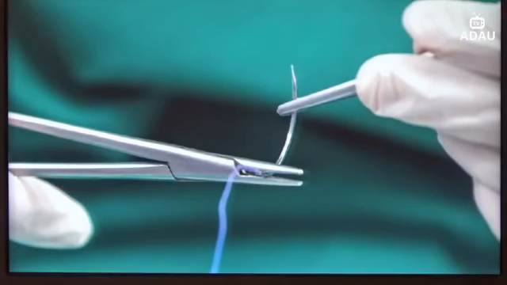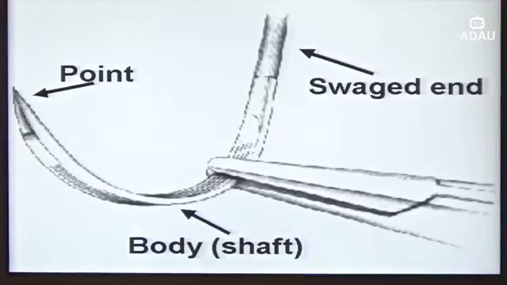When each student fixes needles to the needle holder with their own hands, I think that after 3 or 4 lessons they will learn very well and use it during operations.